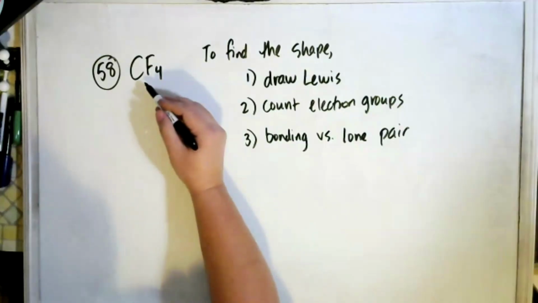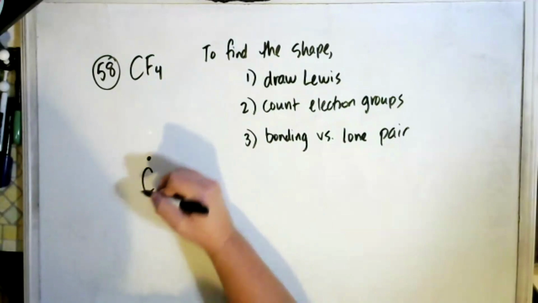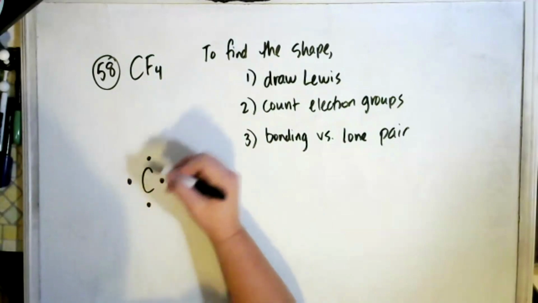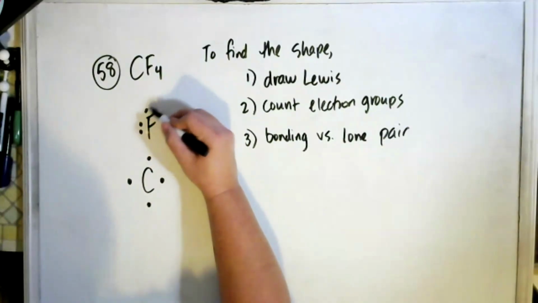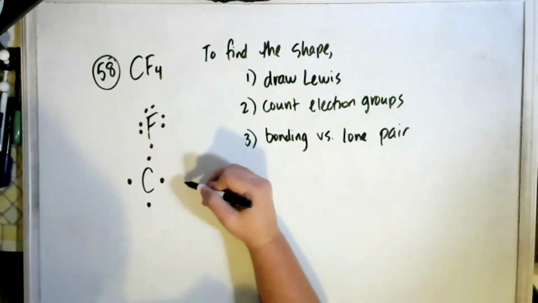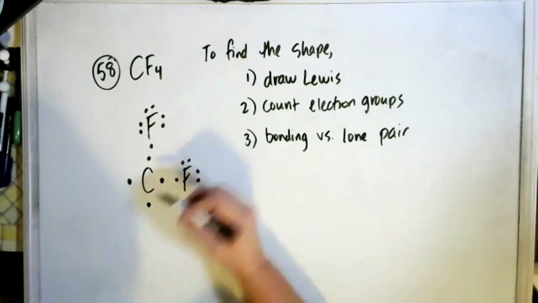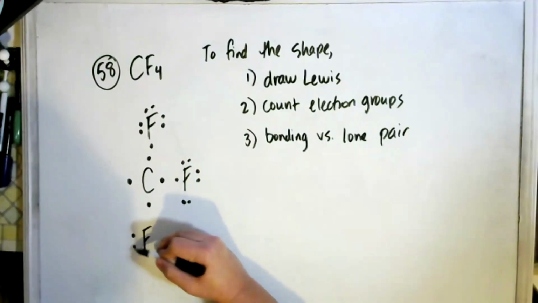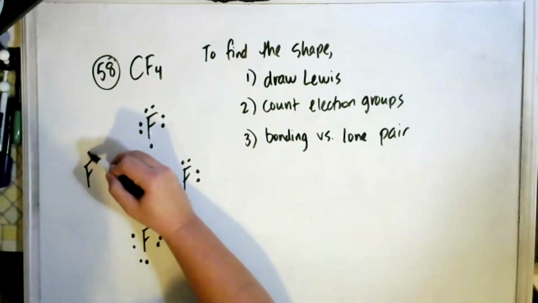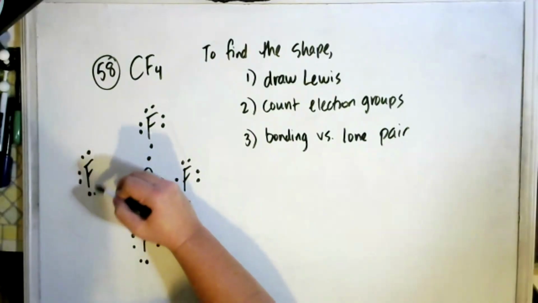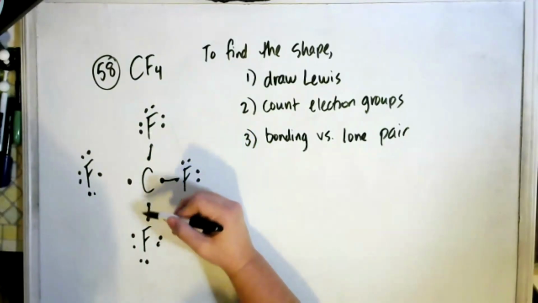Okay. So our Lewis structure for CF4, our carbon's coming in with 4 valence electrons, and our fluorines are going to be coming in with 7. All right, so we see that our bonds are going to form here.